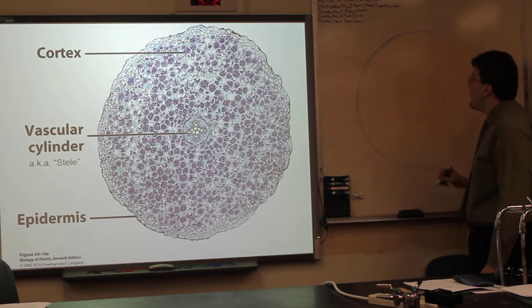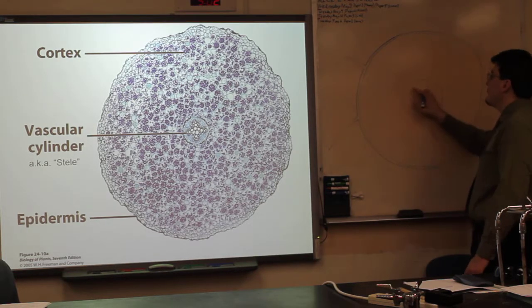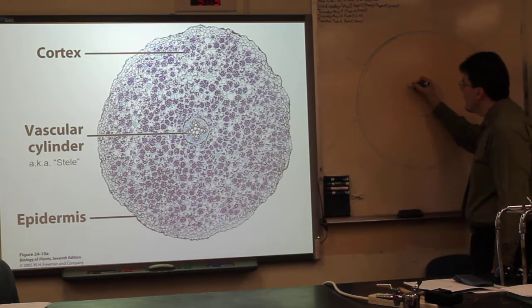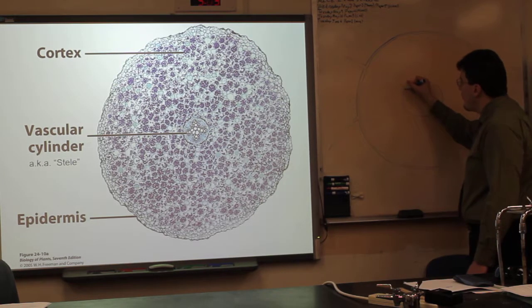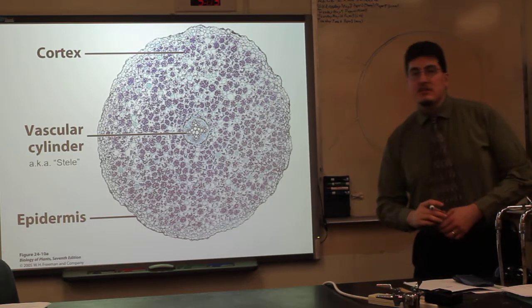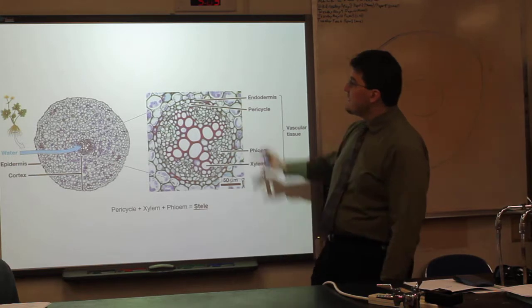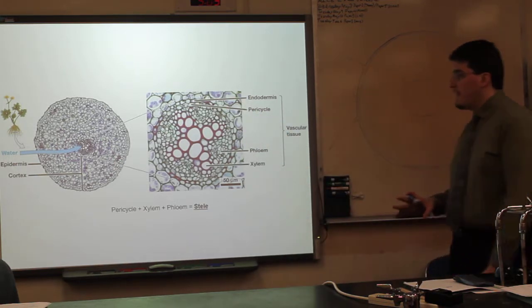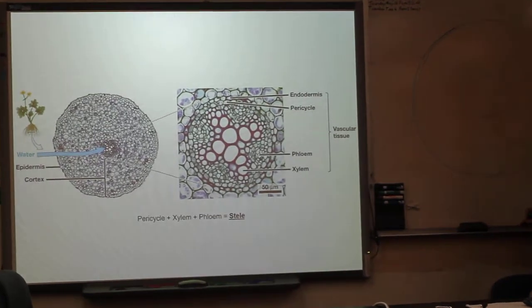Now I'm going to enlarge this center region so that it's easier to see for the camera. That central region is going to be our vascular cylinder. Our vascular cylinder consists of a number of different things. Here's a close-up of a different vascular cylinder, but we might as well call this the same one.